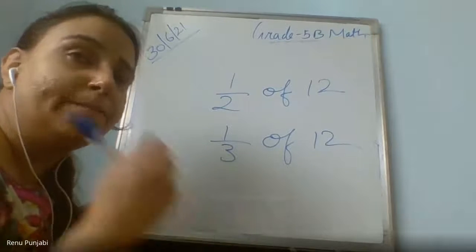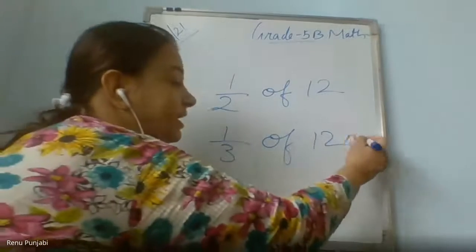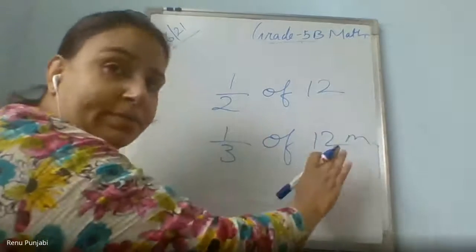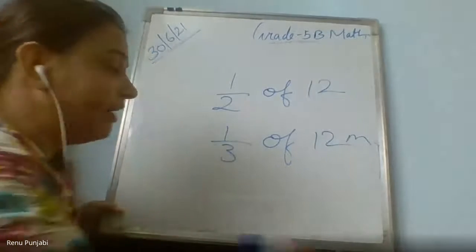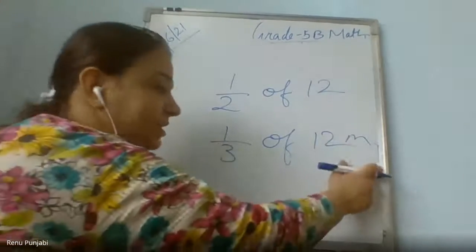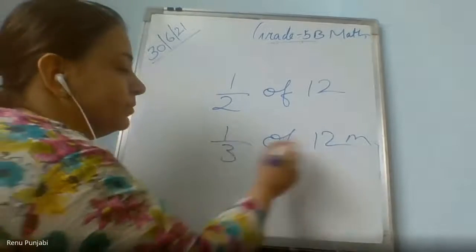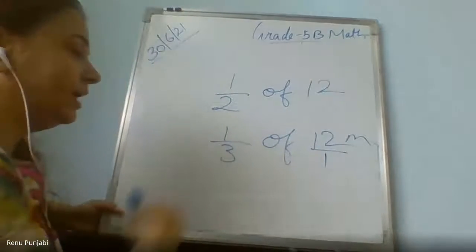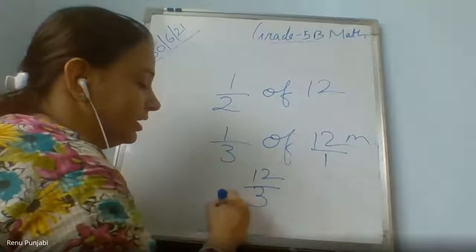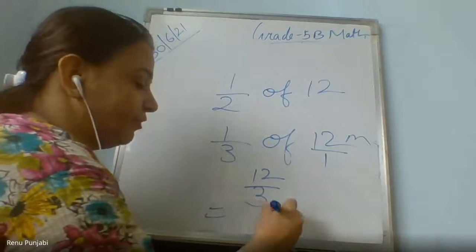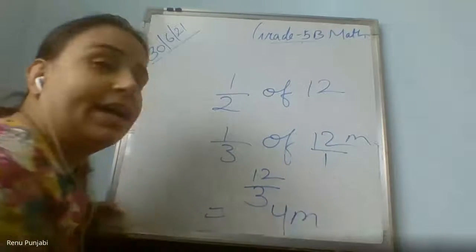If meter, centimeter, liter is used with that, no problem. Only find the answer and use the unit with that. If I say 1/3 of 12 meters, first of all, put a denominator 1. 1 into 12 is 12. 3 into 1 is 3. In 3 tables, 12 is coming 4 times, so the answer is 4 meters.